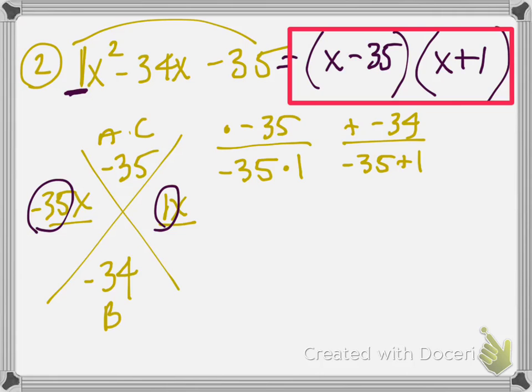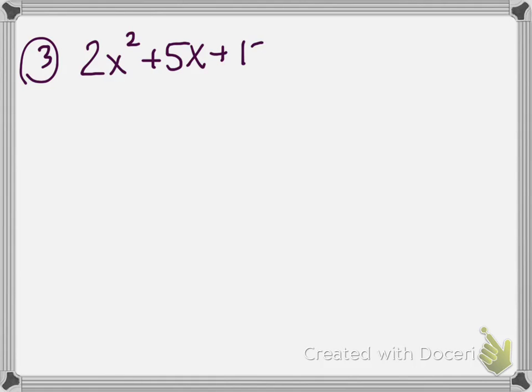Now 3, 4, and 5 really is where we need to use not only the x but also the box, because the coefficients in 3, 4, and 5 are bigger than 1. So number 3 says 2x squared plus 5x plus 12.